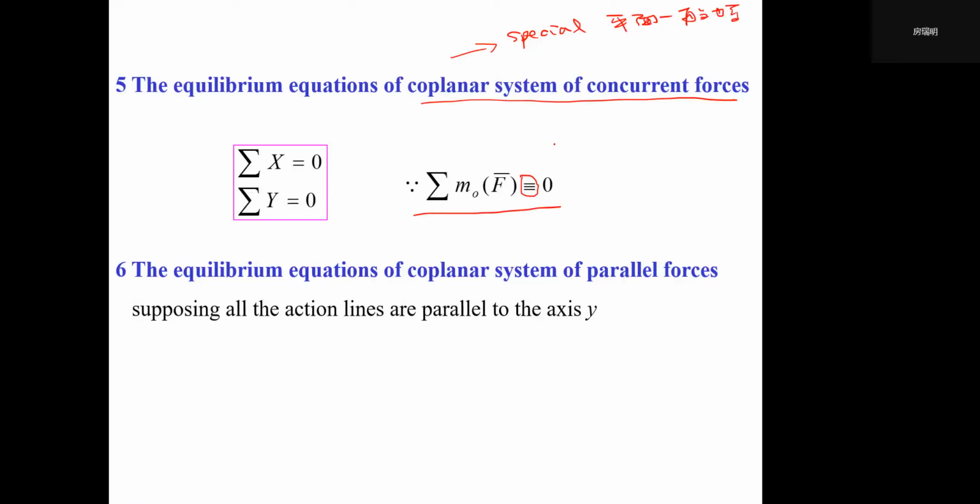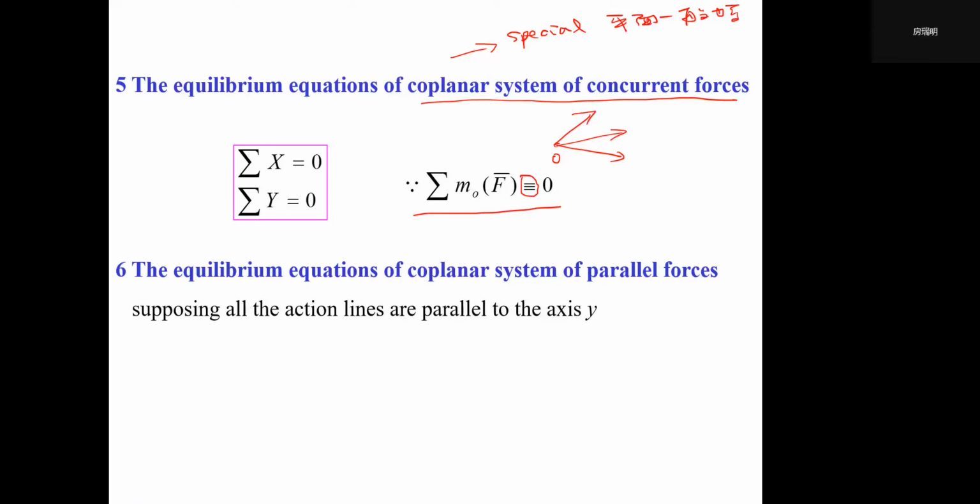Why? Because all the lines of action intersect at the same point. So if we select this O, we can find that the moment of all the forces to this point O will be 0, right?